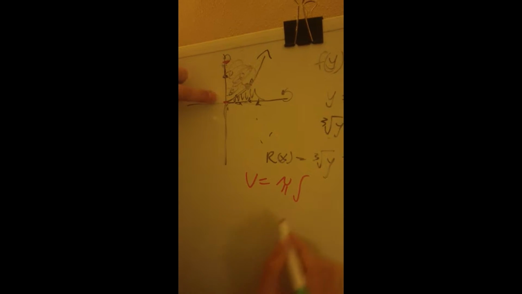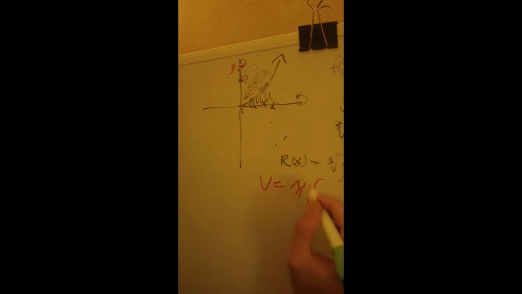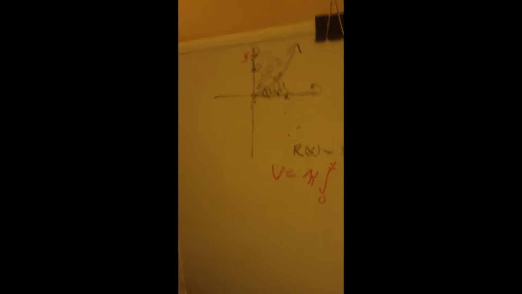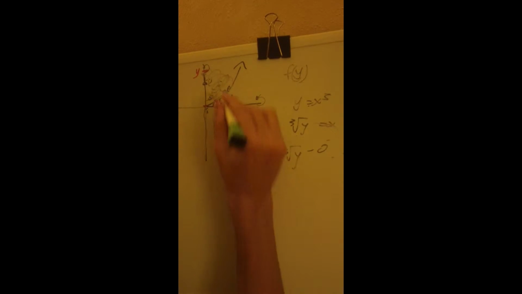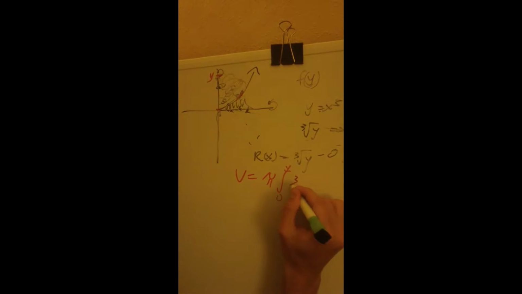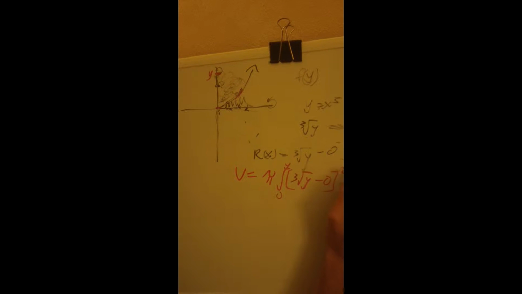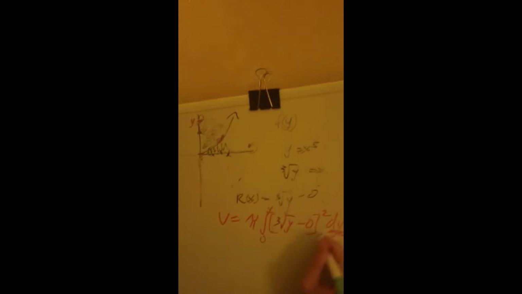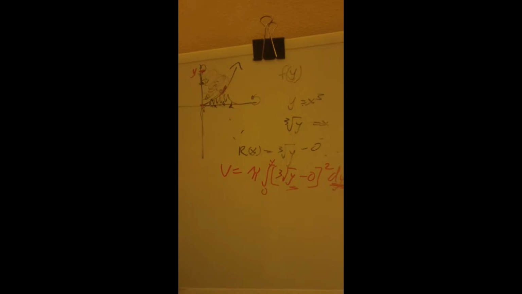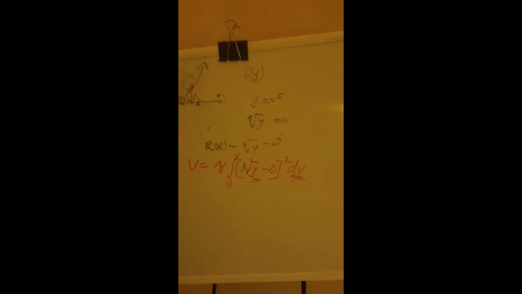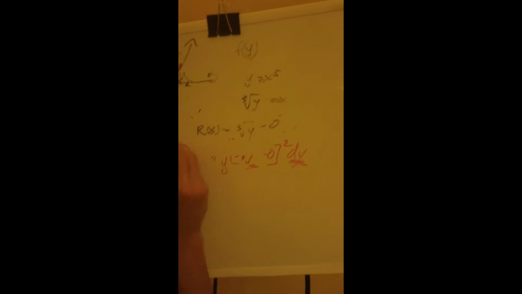So maybe you integrate from 0 to some value of y, and right minus left, like we said, so this would be the cube root of y minus 0, and you want to square it and take it with respect to y. Everything's with respect to y. So that would be a quick overview of the disk method.